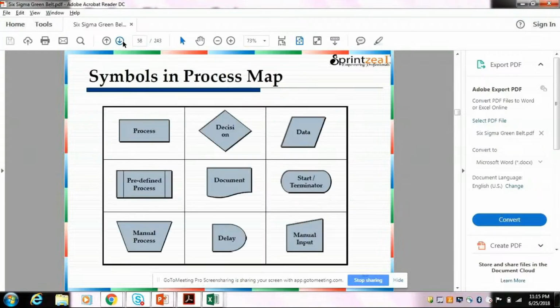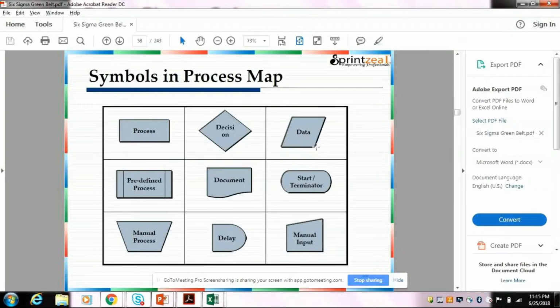Okay, some of the symbols that we use in a process map. Any process step is in a rectangular box. And then any decision, where the answer is only yes or no, you have a symbol for that. Then the start and the end or stop button comes like this.